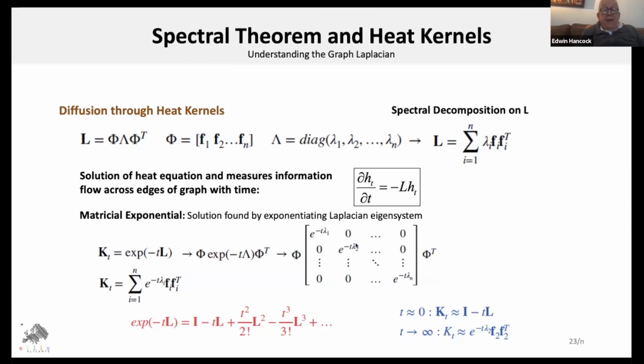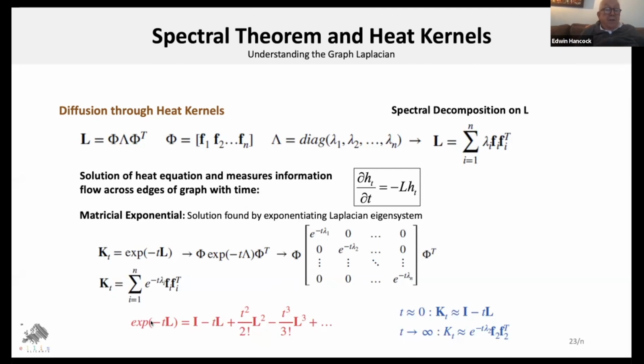And this is the expression written out in full with the eigenvector matrix and its transpose, either pre and post multiplying a matrix which has the eigenvalues exponentiated along the leading diagonal.